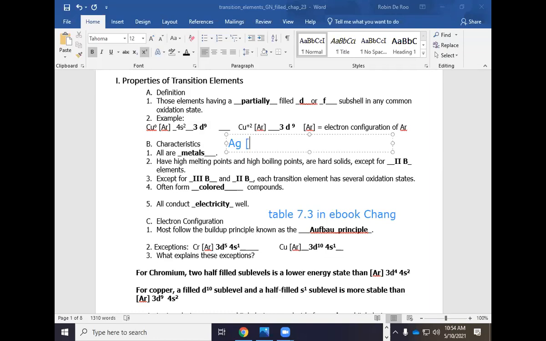That's going to be krypton, so the electron configuration is all the way up to including krypton, and then 5s1, and then 4d10. Okay, so there's your silver.